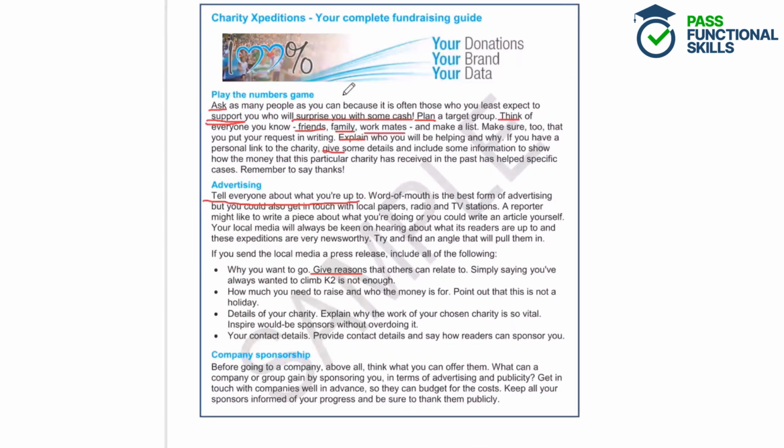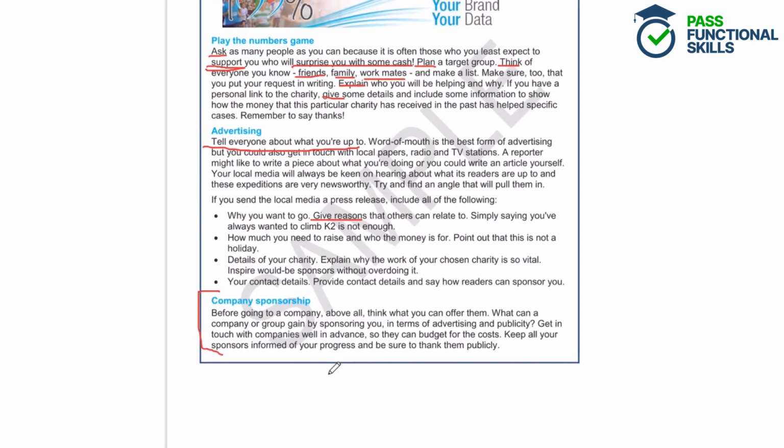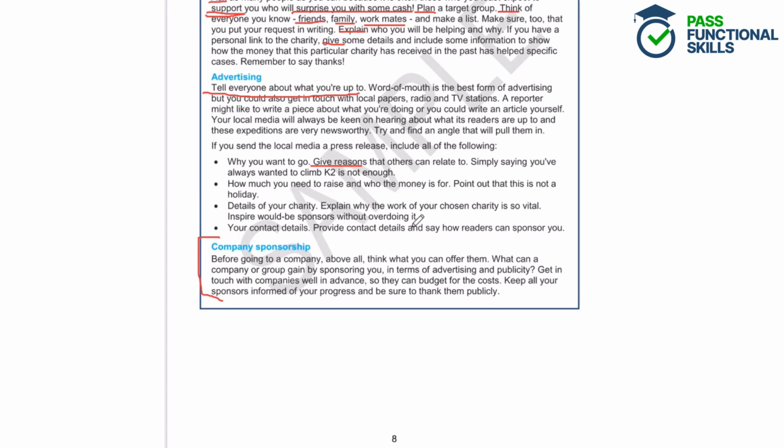So in the text, we can scan for any mentions of businesses or companies sponsoring us. And at the bottom here, we've got this subheading, company sponsorship. So you can always use subheadings to help you navigate the text. Company sponsorship. Before going to a company, above all, think what you can offer them. So here is our answer.